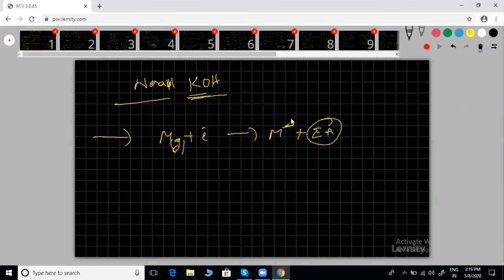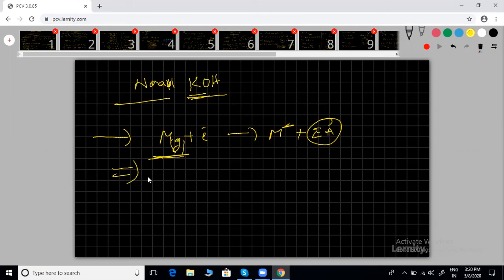Sometimes you need to supply energy, they won't take that. That depends upon the state of M. If it has a stable electronic configuration, then you need to supply energy, and that is going to be positive. If it is not stable, it will take an electron easily, so energy is released. Even based on electron affinity, you have problems.